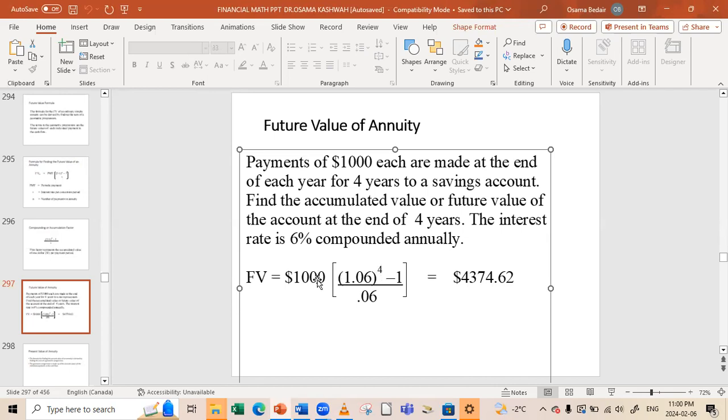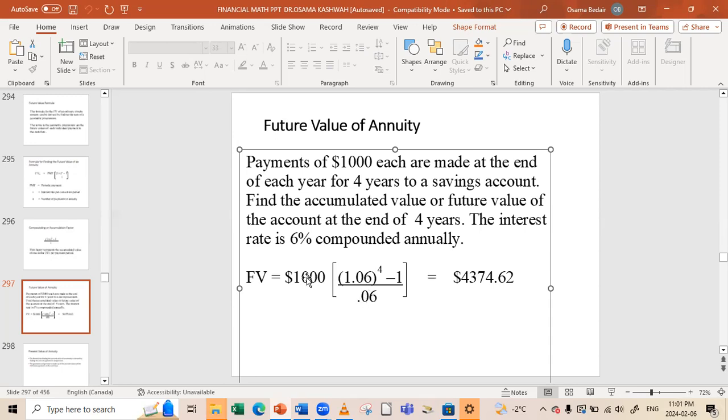So we take the principal, which is 1,000, the amount of the annuity, and multiply by 1 plus the interest rate of 6%, so 1.06, to the power of the number of years, 4, minus 1, where the 1 is constant, divided by the interest rate, 0.06. We calculate 1.06 to the power 4, subtract 1, then divide the outcome by 0.06. That will give me a number.